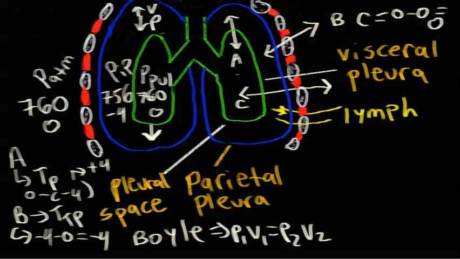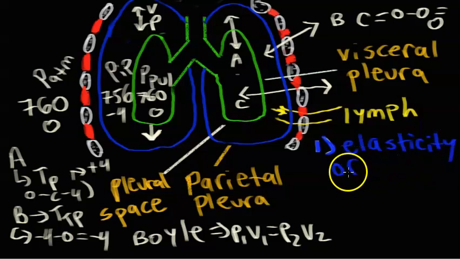First of all, the lungs themselves are elastic. So the elasticity of the lungs. Now, why is this important? Because the lungs actually want to collapse. Let's call this I, right? So the lungs naturally want to go in this way.